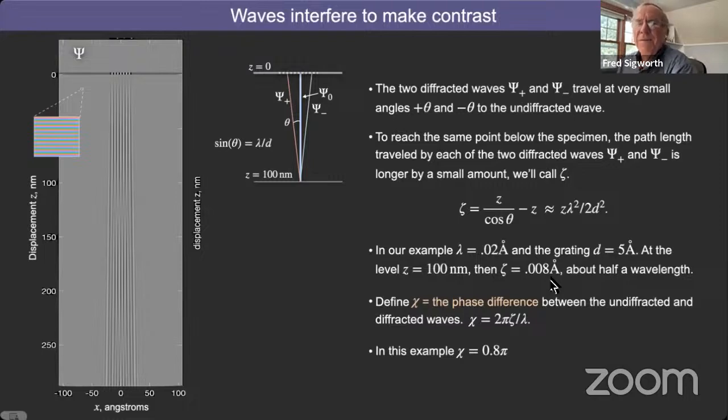It's about half an electron wavelength. So then if we define the phase difference between the undiffracted and the diffracted waves, that phase difference is just going to be 2 pi over lambda times this distance difference. And if we do this example, the phase difference is 0.8 pi.